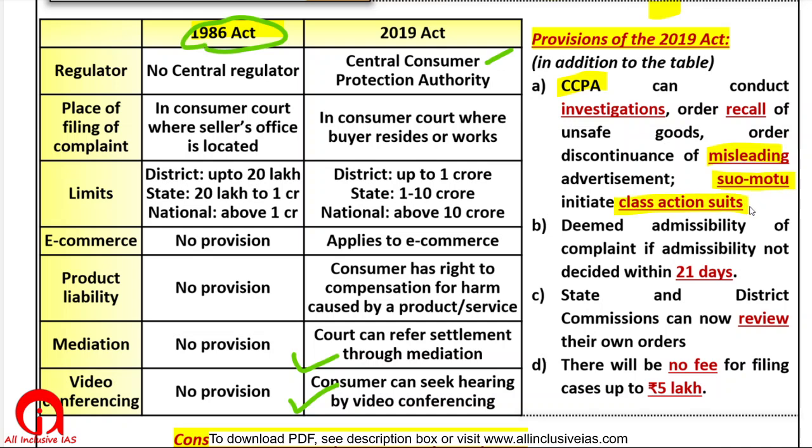A class action suit simply means that if a large population has been affected by a similar grievance, each individual cannot be expected to file a separate case. So this authority on behalf of thousands and lakhs of people will file the case.